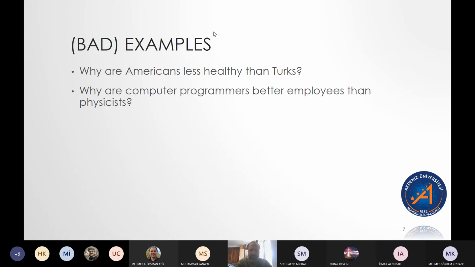Is there an assumption in the first one that we're making? So, Professor, it's also important to research these problems in which aspects. There's some kind of ambiguity there, like why are Americans less healthy than Turks.